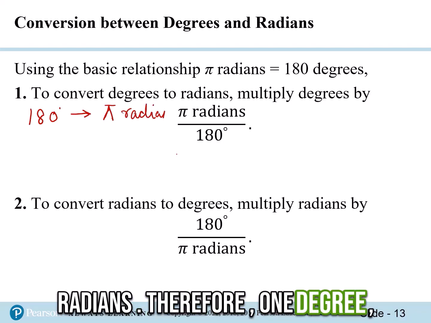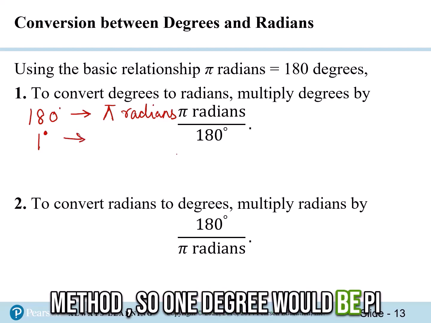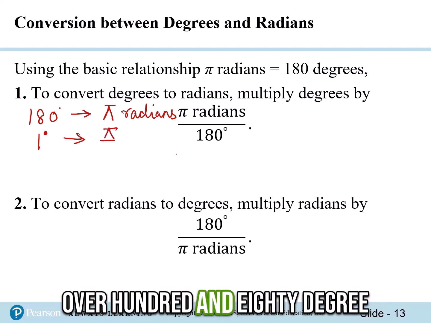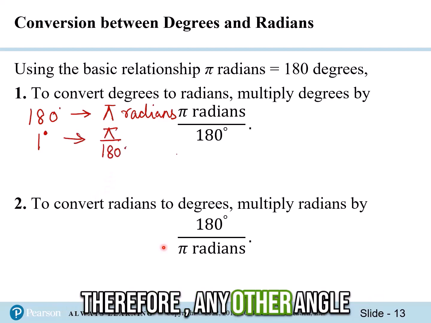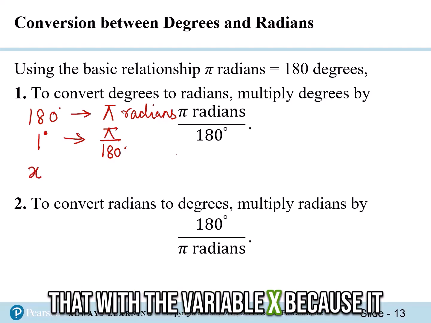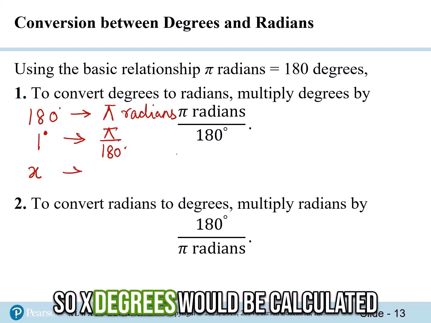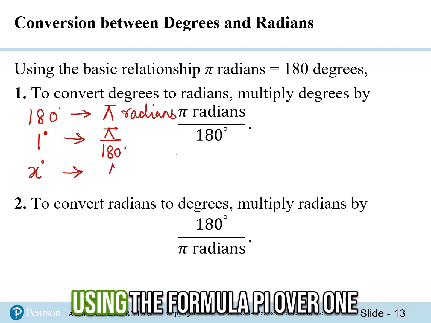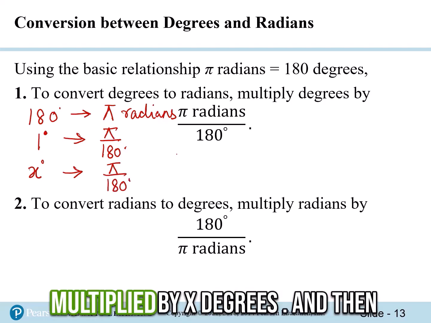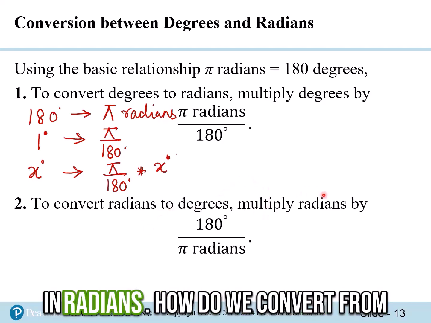Therefore, 1 degree, and here I'm using the unitary method, would be pi over 180 radians. Therefore, for any other angle measure, which I'm going to represent with the variable x because it could take any value, x degrees would be calculated using the formula pi over 180 multiplied by x degrees, and then the degrees will cancel out and we will be left with an angle measure in radians.